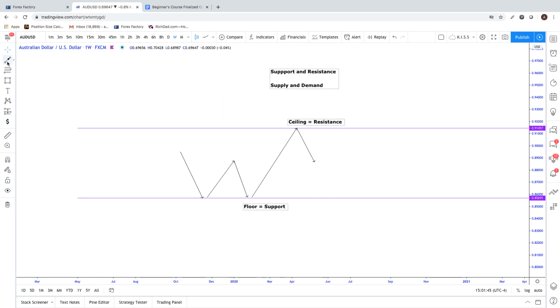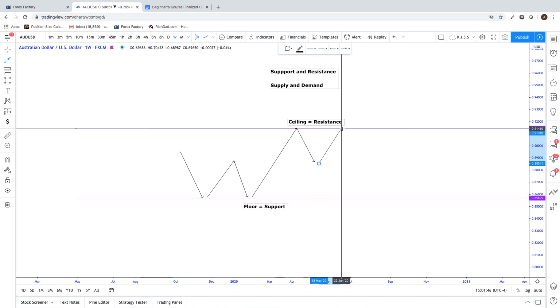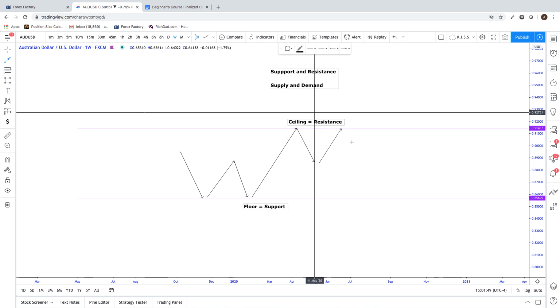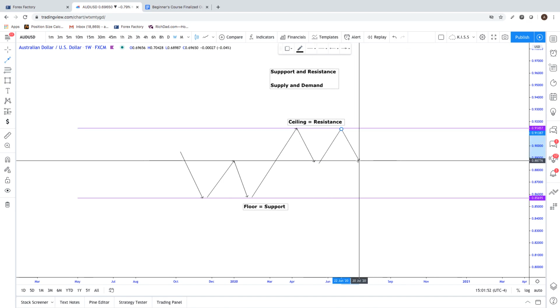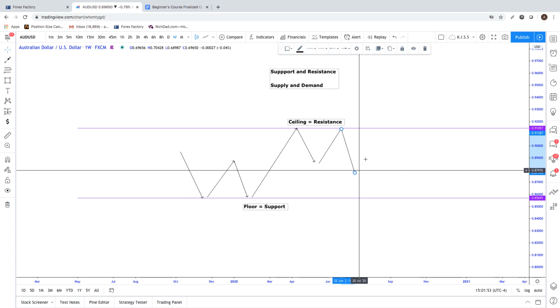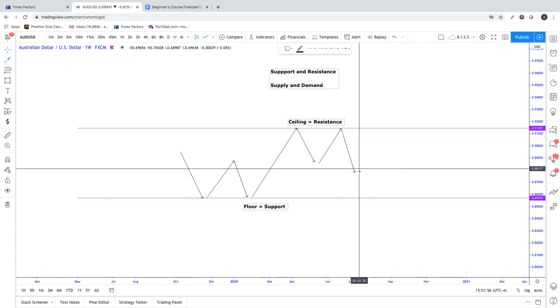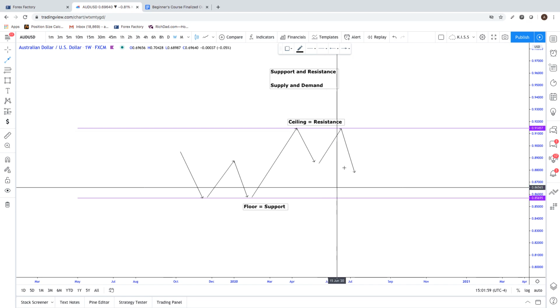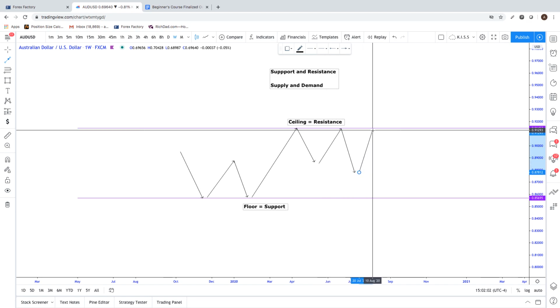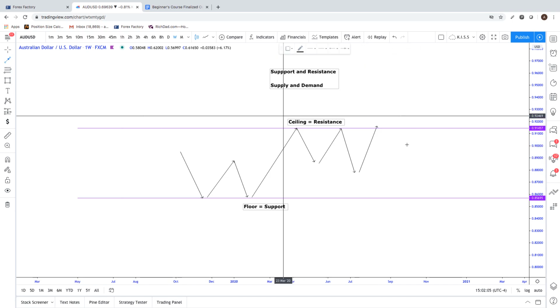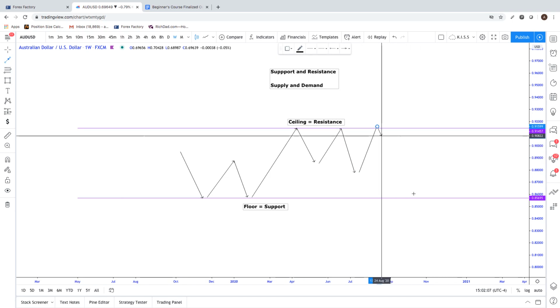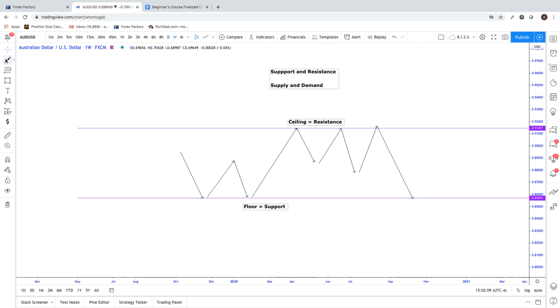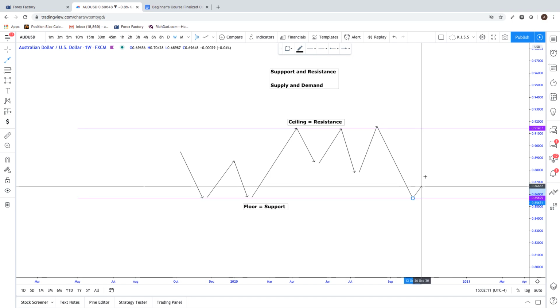Throughout your studies you will see that there are certain levels that historically act as support and resistance for a currency pair. Levels at which price has come to frequently and found resistance, and levels where price has come to frequently and found support.